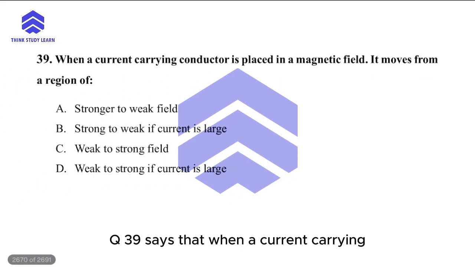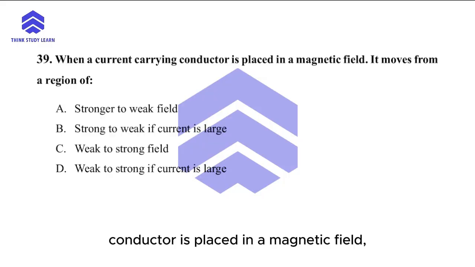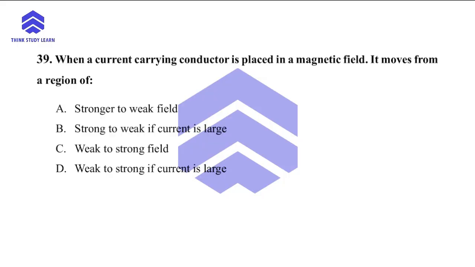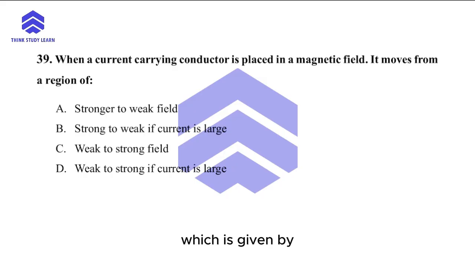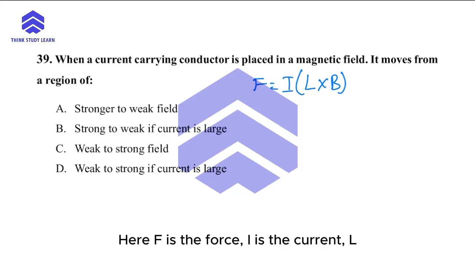Question 39 says that when a current carrying conductor is placed in a magnetic field, it moves from a region of... We know that the movement of a current carrying conductor in a magnetic field is explained by the Lorentz force. When a current carrying conductor is placed in a magnetic field, it experiences a force which is given by F equal to I into L into B. Here F is the force, I is the current, L is the length vector, and B is the magnetic field.